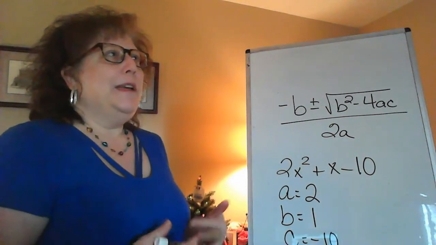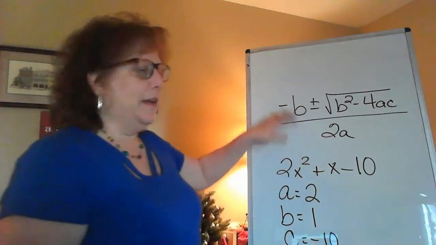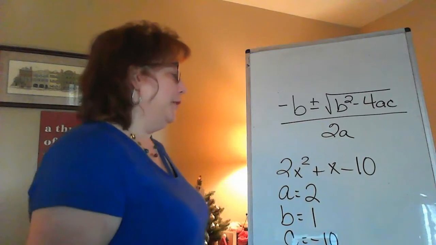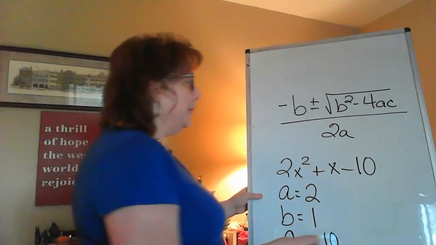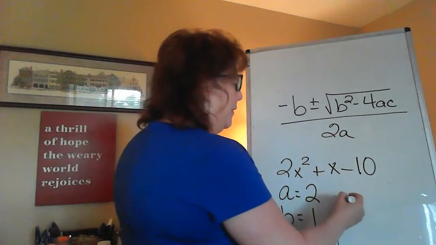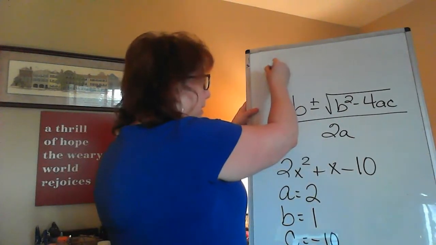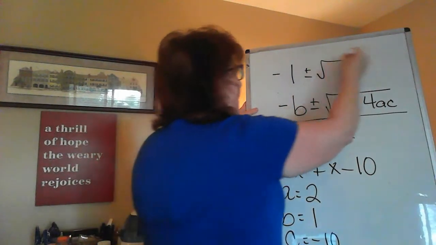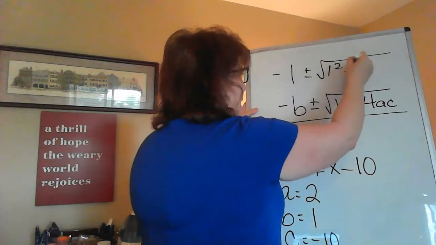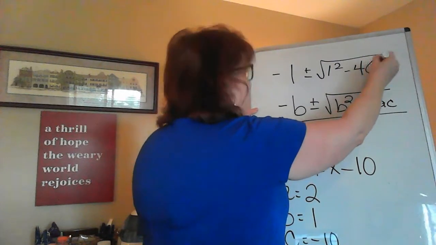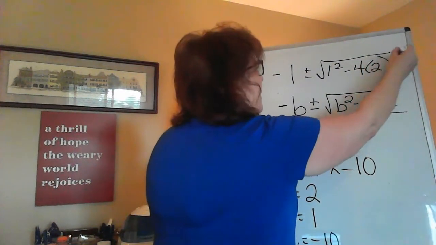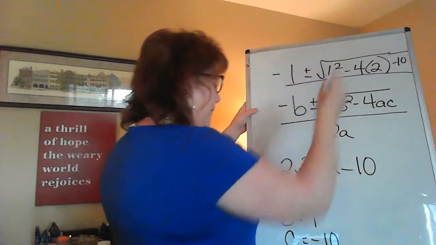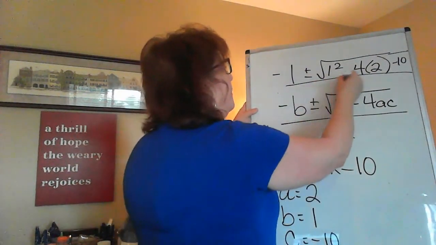When we left for break, I think I mentioned that this is probably the easiest, my favorite way to do this. So let me just do it really quickly. I'm going to put in here negative 1, plus or minus, and 1 squared minus 4 times 2 times negative 10, over 2a, 4.